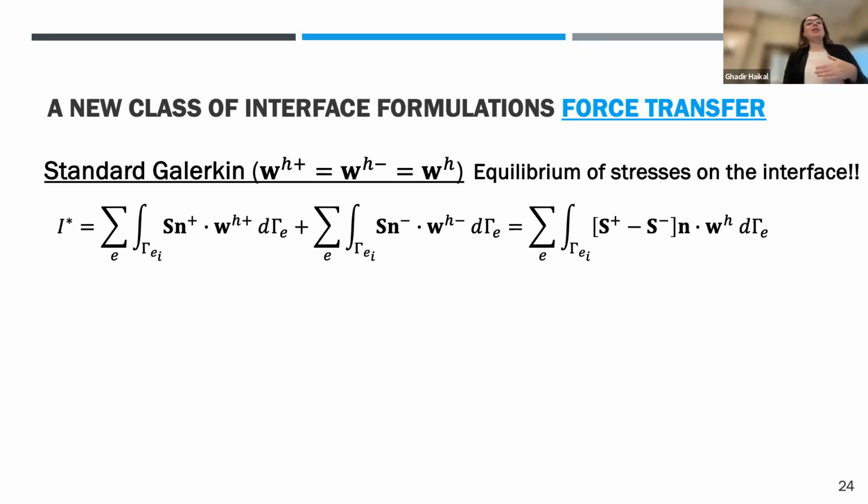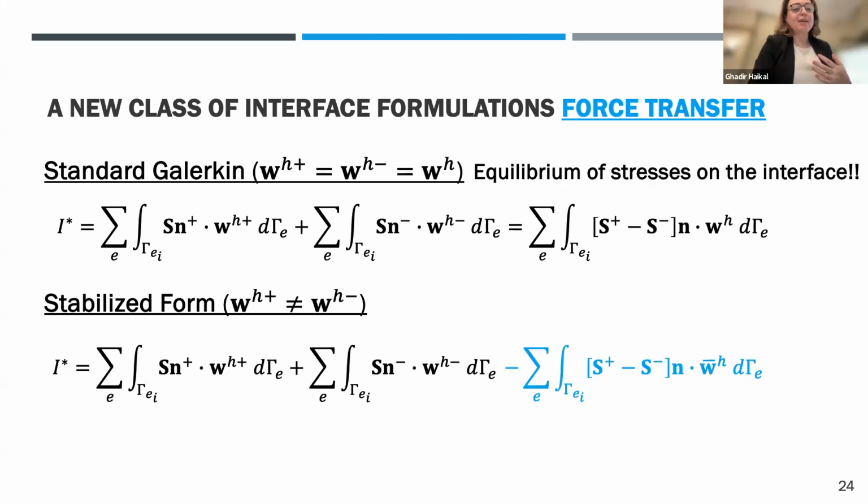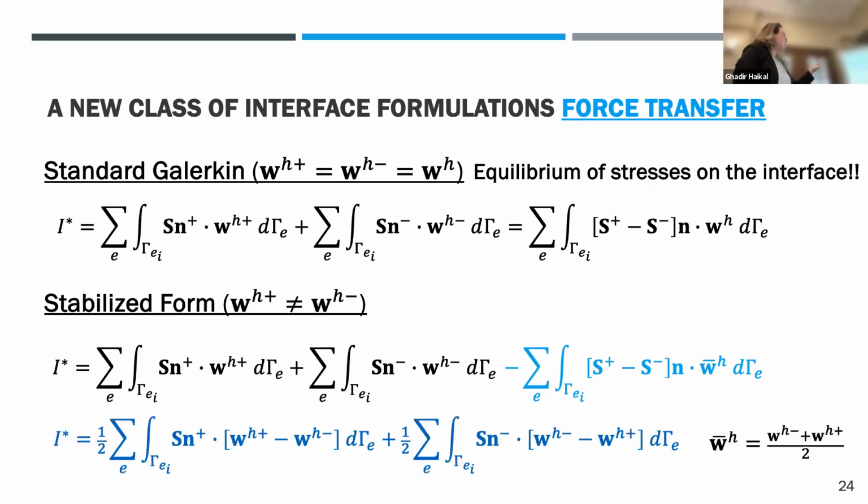So now, instead of the standard solution, I'm adding what I'm calling a stabilized form, which is the balance of stress, that's the blue term here. So I have the balance of stress on the surface weighted by the displacement average between the two surfaces. And if you rearrange the terms here, we get an interface addition term to take care of the stress transfer, but it's a term that actually goes to zero when the displacements match.